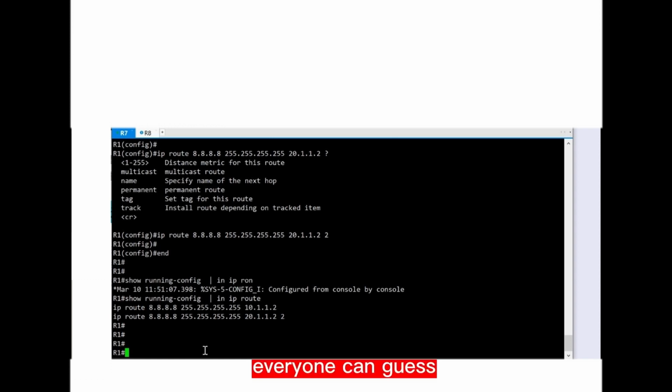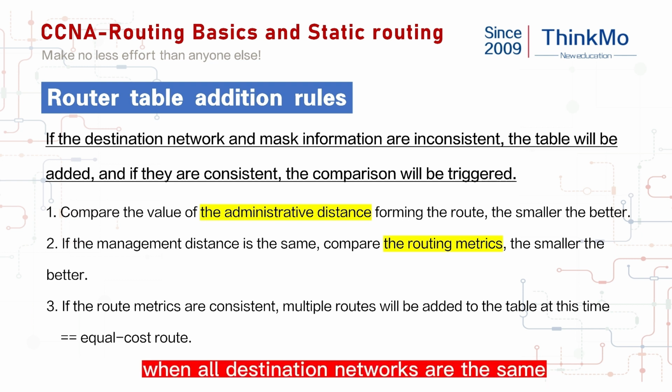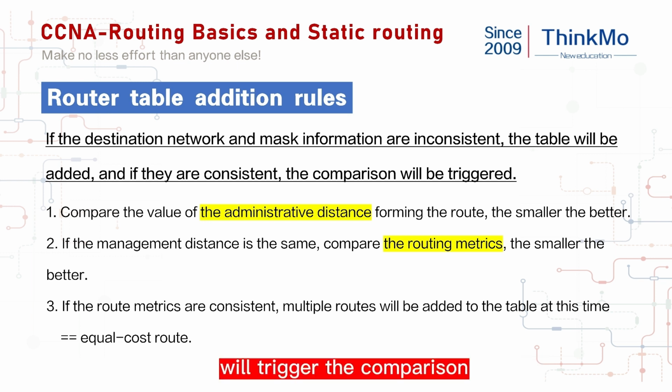Everyone can guess. Now for the 2 configurations, the administrative distance is different. According to the principle of adding to the table we discussed before, when the destination networks are the same, we trigger the comparison. Now they are both 8.8.8.8 with the same 32-bit mask.